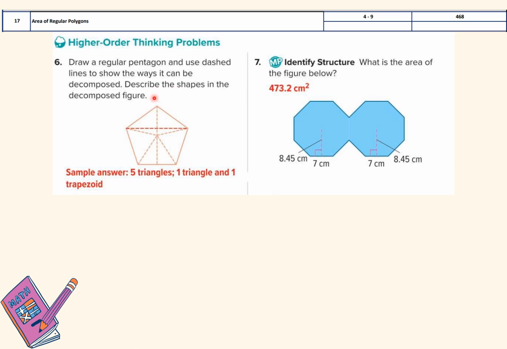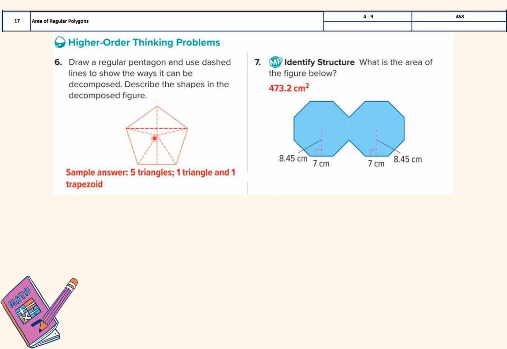And then what are the ways that I can use to decompose the shape? Firstly, you can decompose the shape into 2 shapes, which are a triangle and a trapezoid. So this is one way. What is the other way?